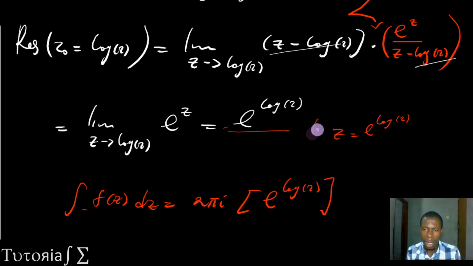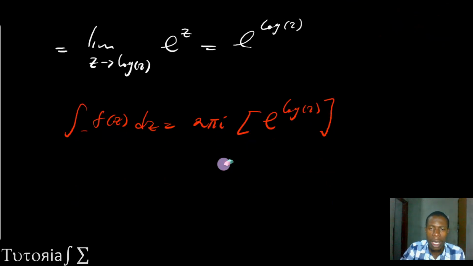So this would be natural log of z. Natural log of e to the log of 2 would just be equal to log of 2. So basically this can simplify to 2. So e to the power log of 2 will simply do, but you can just leave it like that if you're lazy to change it. But that will be the integral.